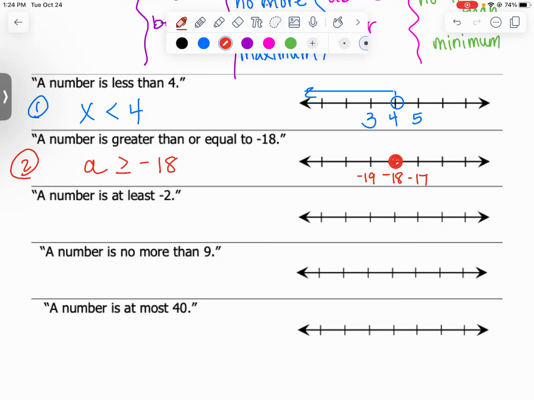Emma, why is it a closed circle? Okay, we have this line right here. And since we want A to be greater than or equal to negative 18, we want numbers bigger than negative 18. Kale, which way are we gonna go? To the right.